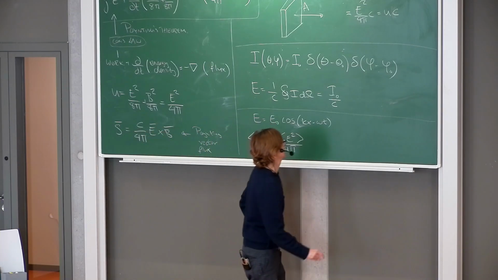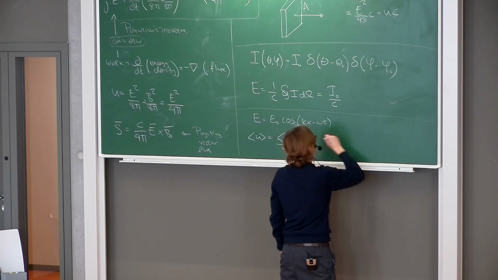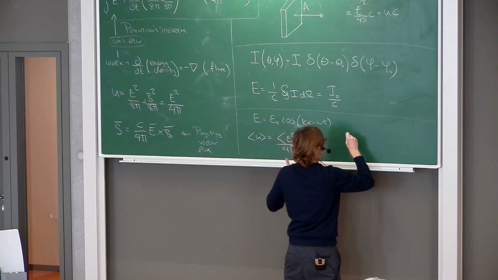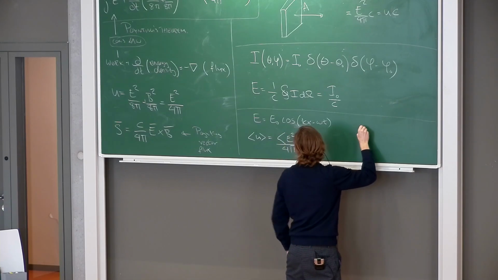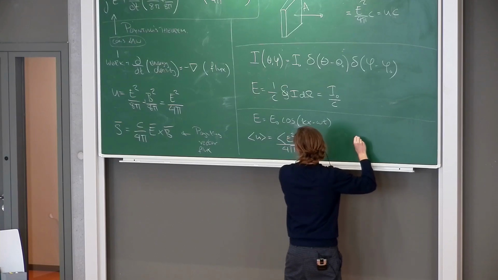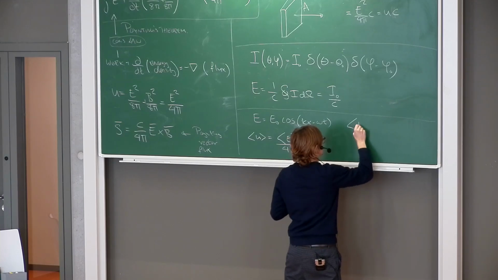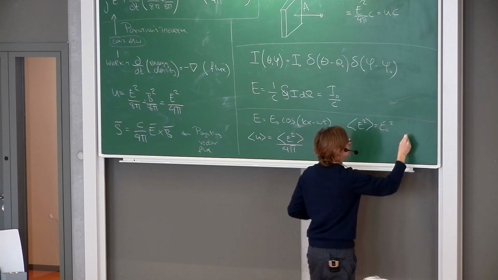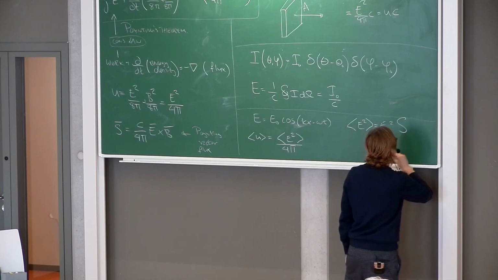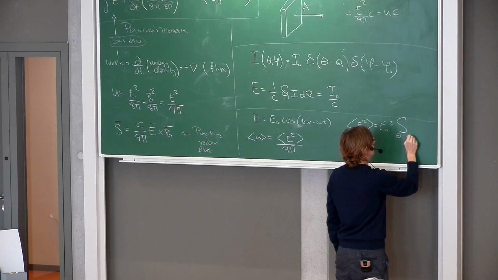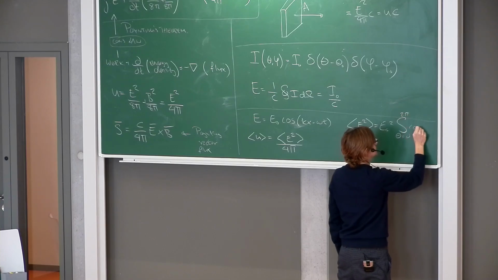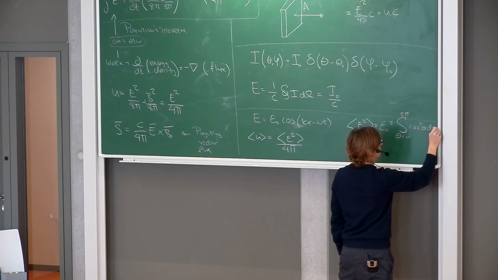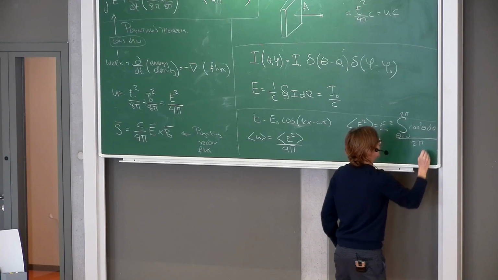And then it is just the mean of cosine squared, right? So the mean of E squared would be E0 squared, times the integral of theta from 0 to 2 pi of cosine squared d theta, divided by 2 pi.